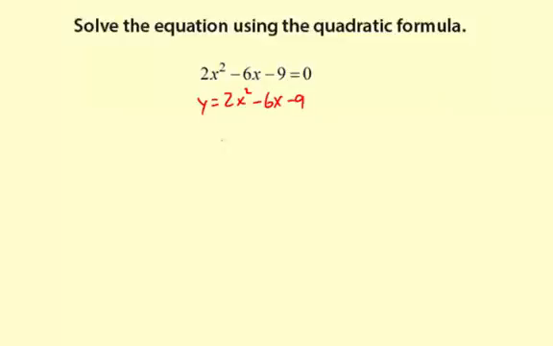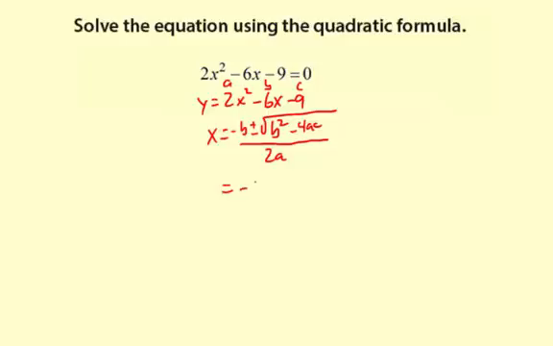So now let's apply the quadratic formula. Remember, it's x equals negative b plus or minus the square root of b squared minus 4ac all over 2a, and a, b, c. So our a is 2, b is negative 6, c is negative 9.